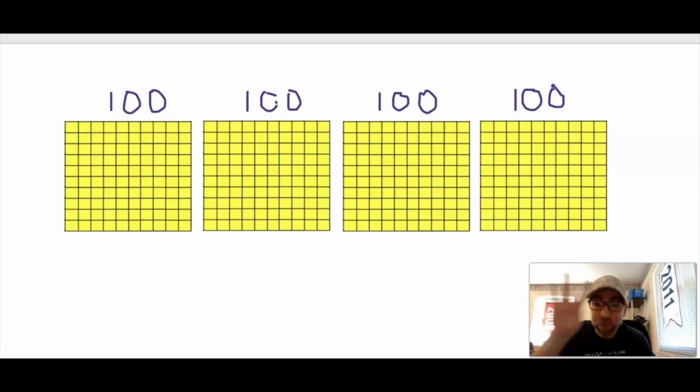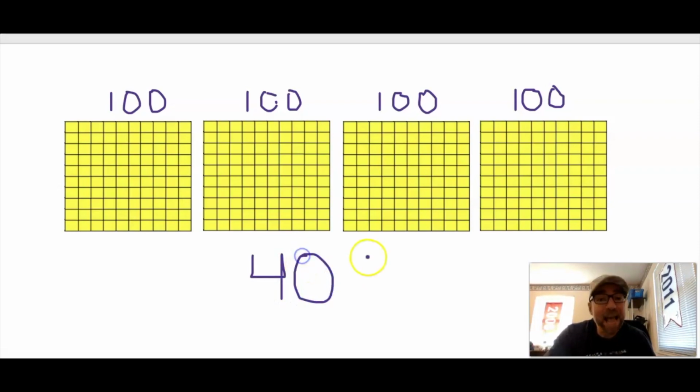I have 4 of them, and that equals 100, 200, 300, 400. So we can count our flats just by counting 100 at a time.